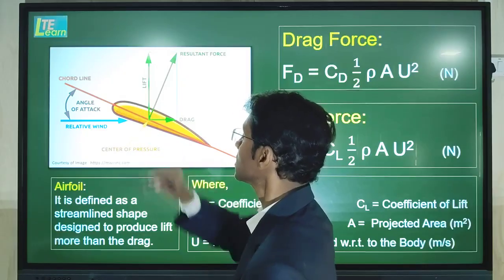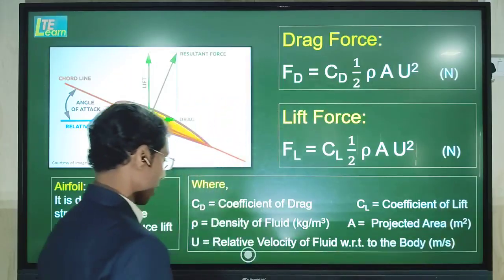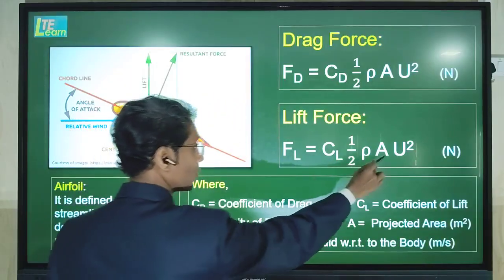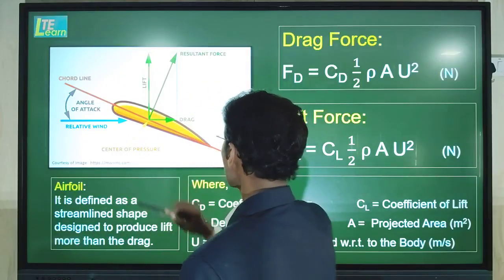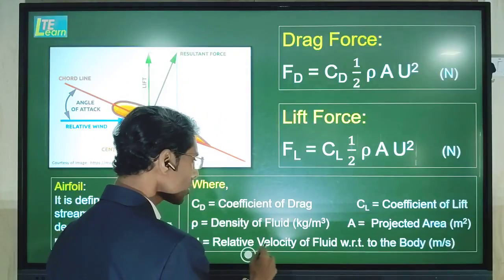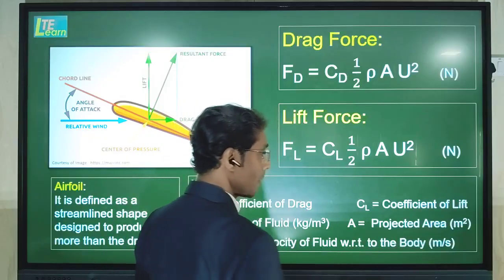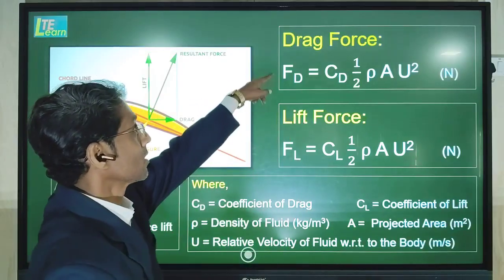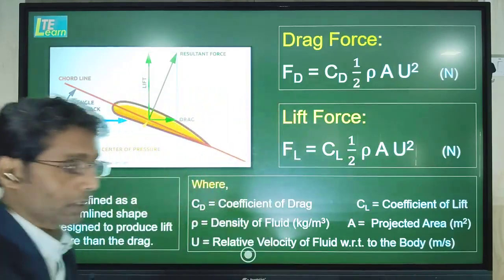So this area is the projected area, taken in meter square. And capital U is the speed of the wind passing over this body, meaning the speed of the air also. This is the relative velocity of the fluid with respect to the body, taken in meter per second. Drag force and lift force are both taken in Newton.